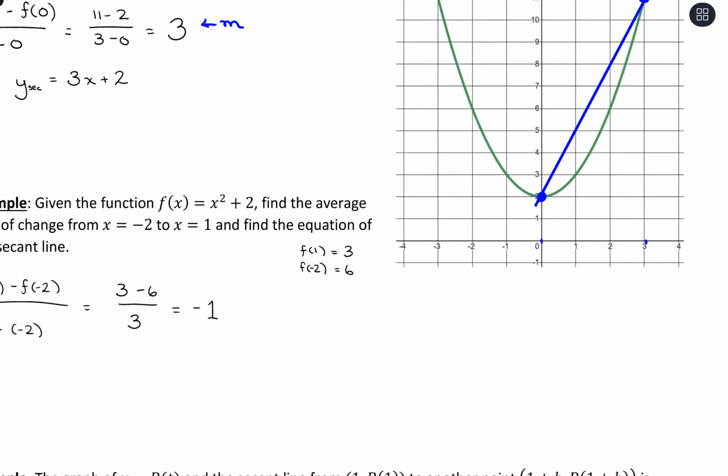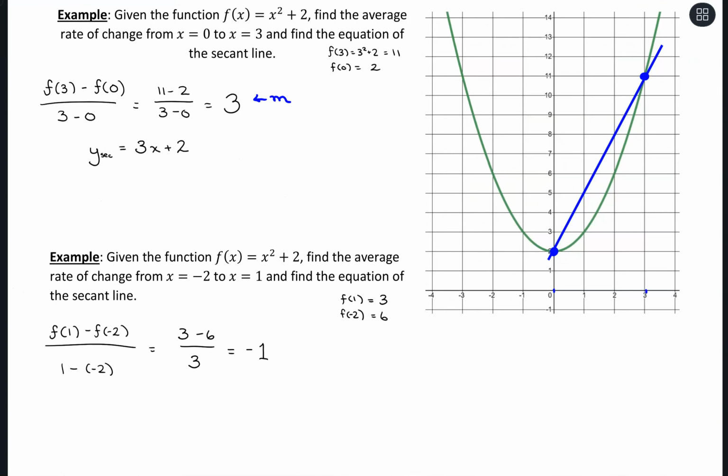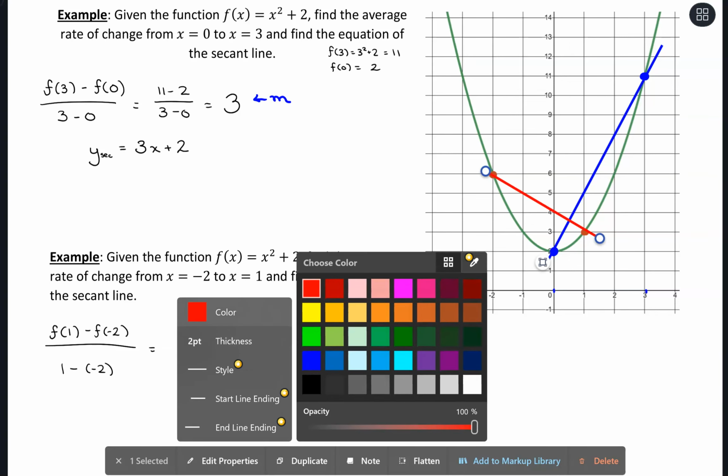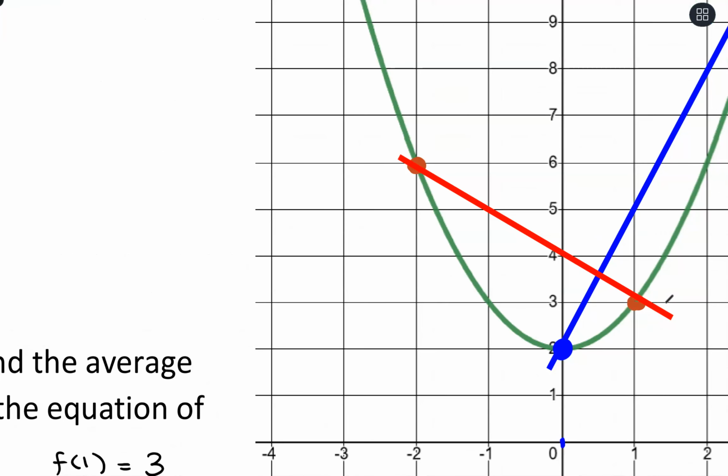So what I expect is when I graph the secant line, going from -2 on our function to 1 on our function, if I connect those, I should have a nice slope of exactly -1. Which we have, a nice slope of -1 between those 2 points.